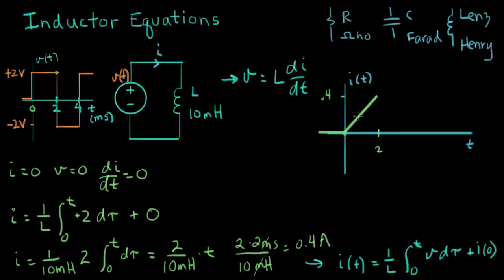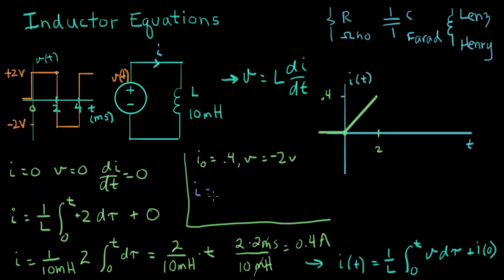Now we're going to switch again. Now we have a new I0. Let's go to a new point here, where I0 equals 0.4, and we have V equals what? Now it goes to minus 2 volts. So let's use our inductor equation one more time with these initial conditions.